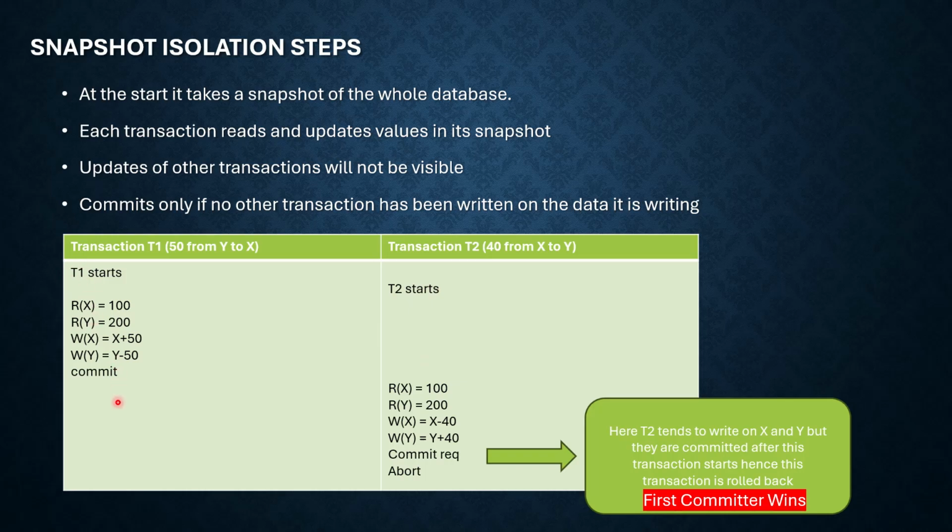Then when T1 tries to commit, it will be reverted back, because it will see that T2 has changed the values of X and Y, which it is trying to write on the database. So in this case, when both transactions want to write on the same variable, the transaction which commits first will exist in the database, and the other will be reverted back.